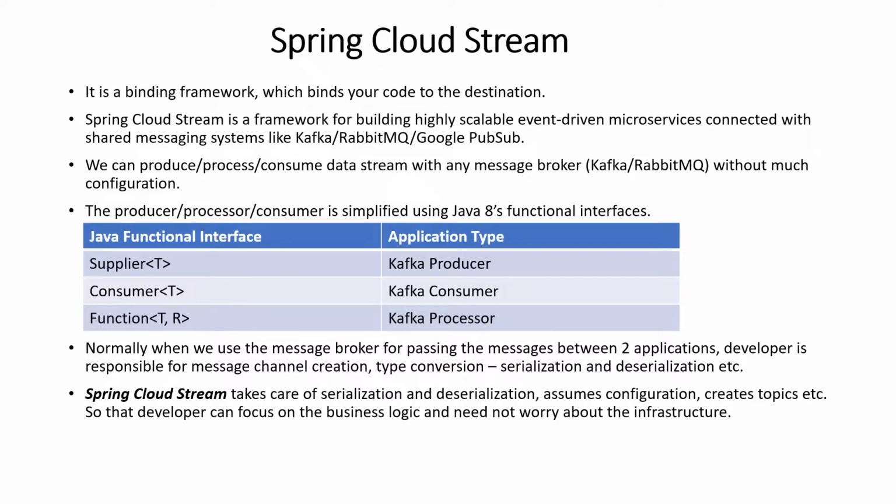These are the scenarios we have in most applications. If you are taking the input, it is a consumer. If you are returning an output, it is a supplier. And if you are taking in an input, doing some processing and returning an output, that is a processor. In Java 8 functional interfaces, this is the exact thing that they have done.